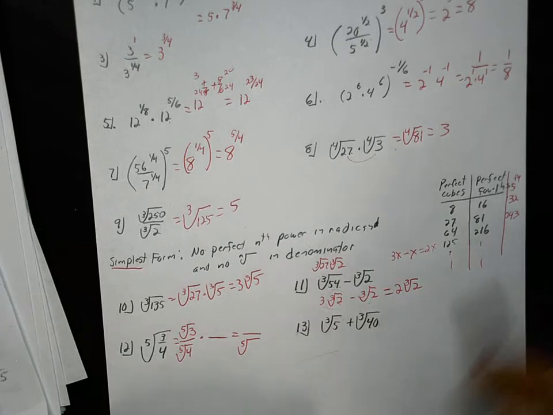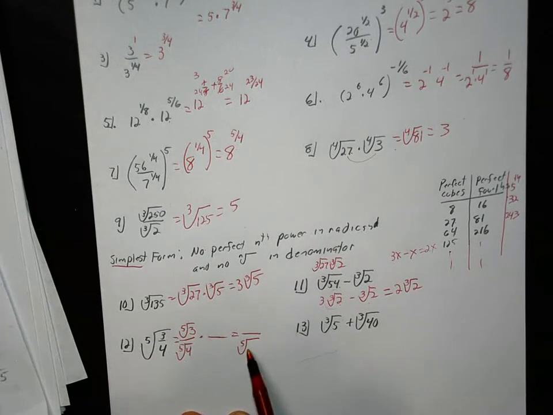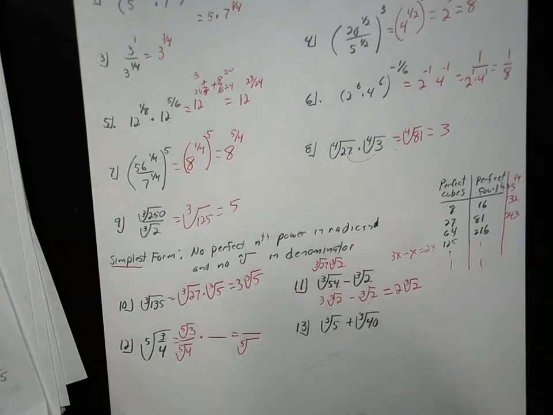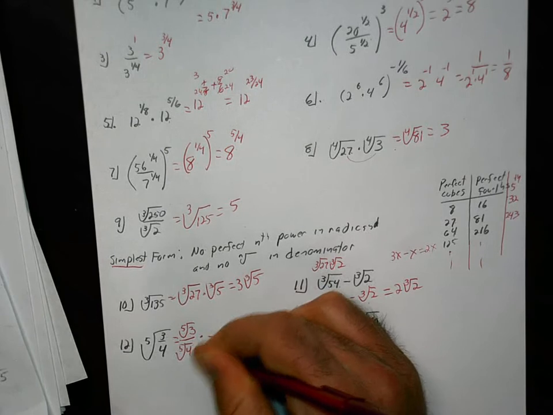You can keep going. So can I make this become 32 somehow? What would I have to multiply 4 by here to get 32? It'd be 8. So I want to multiply top and bottom of this by the 5th root of 8.